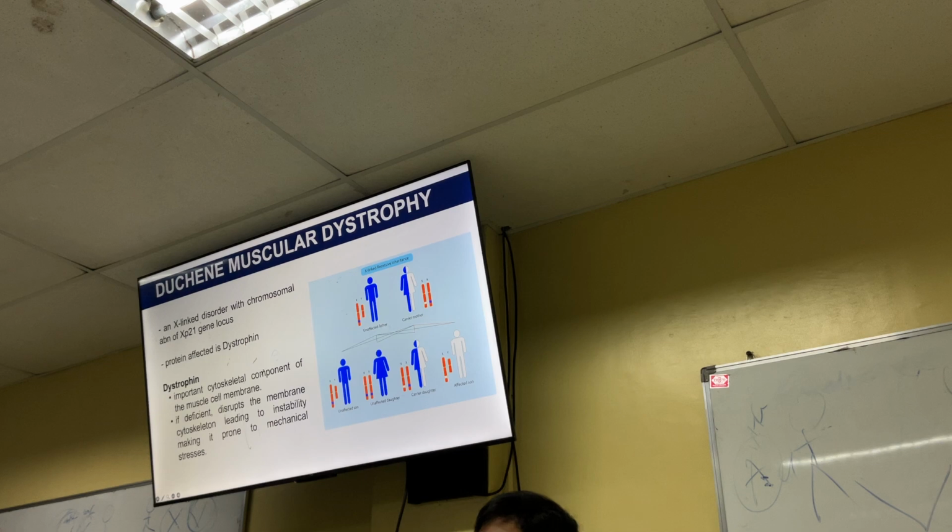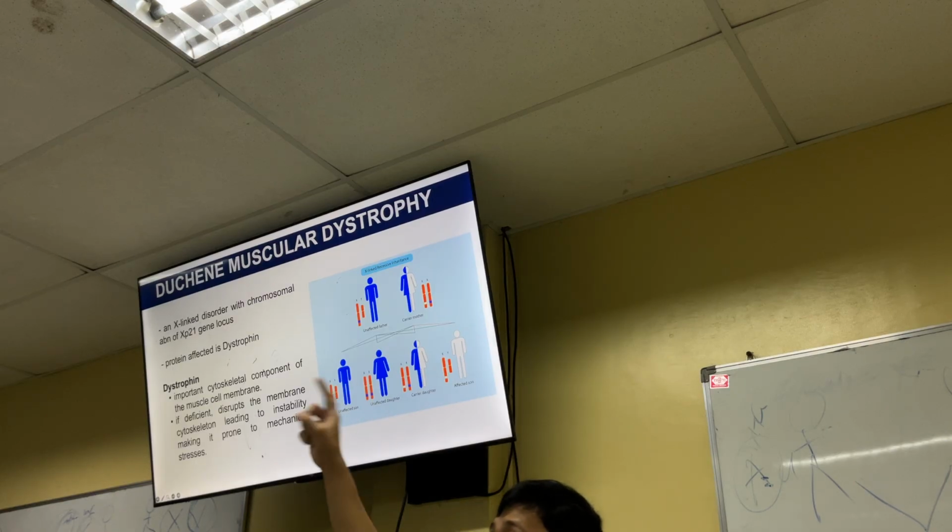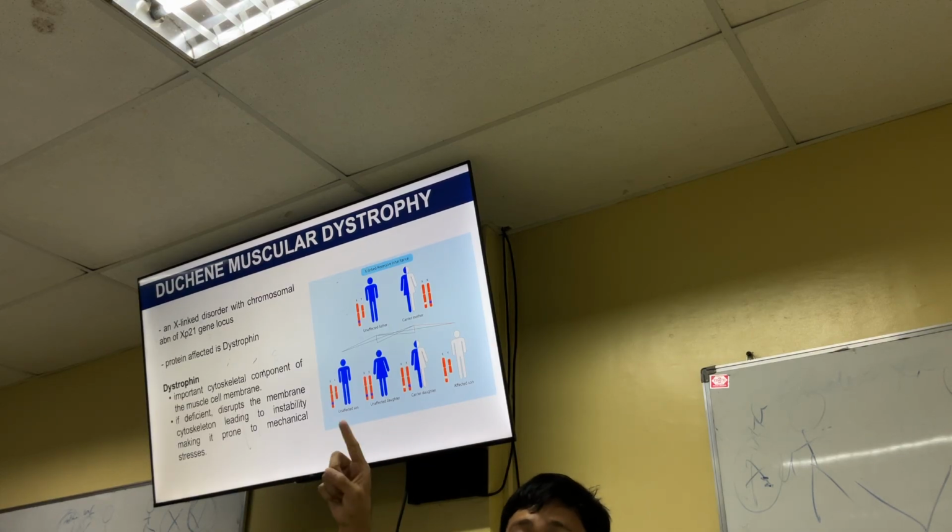If there is deficiency of dystrophin, obviously this disrupts the membrane cytoskeleton, leading to instability, making it prone to mechanical stresses. Knowing that the function of your cytoskeleton is for what? The shaping of your cell, and it supports and avoids mechanical or cell stresses.